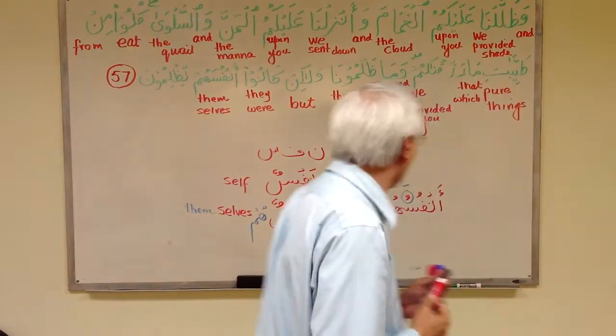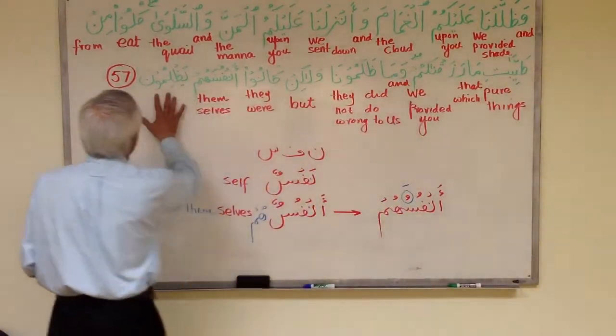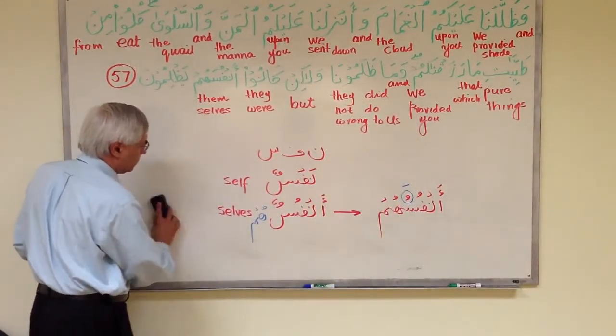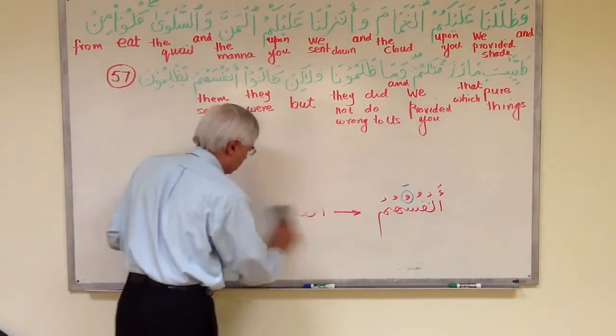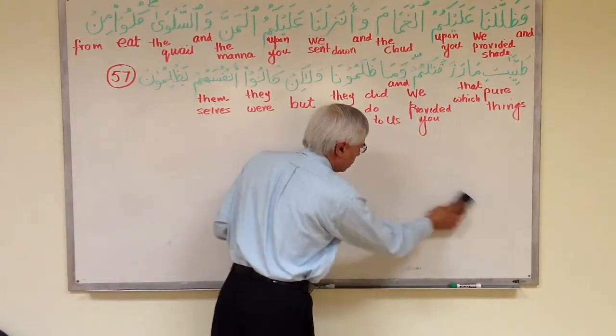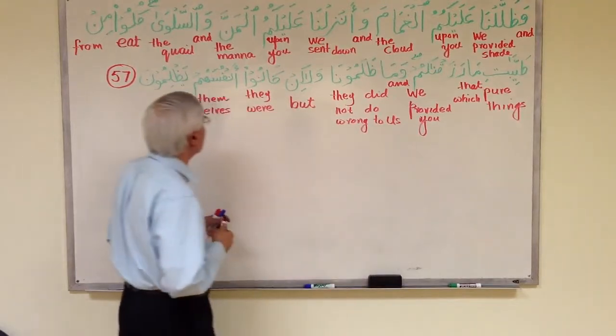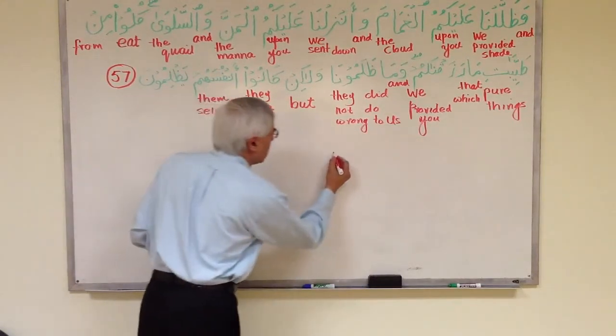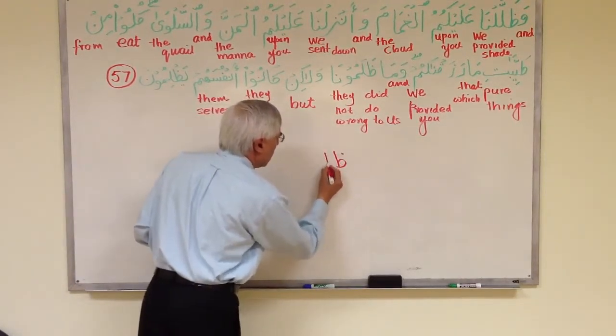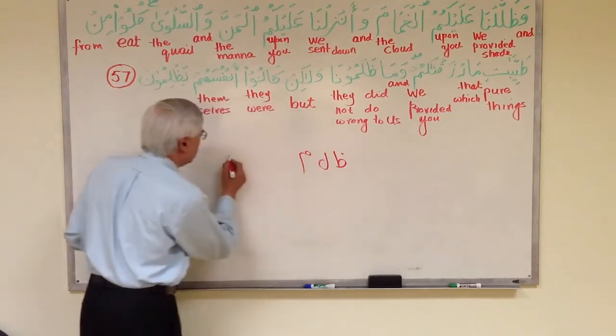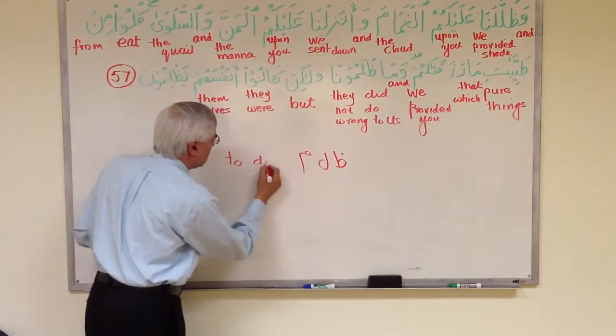Okay. Now again going to the last word. The last word again starts with the same three letters we just learned. Dhad, lam, and mim. Means to do wrong.